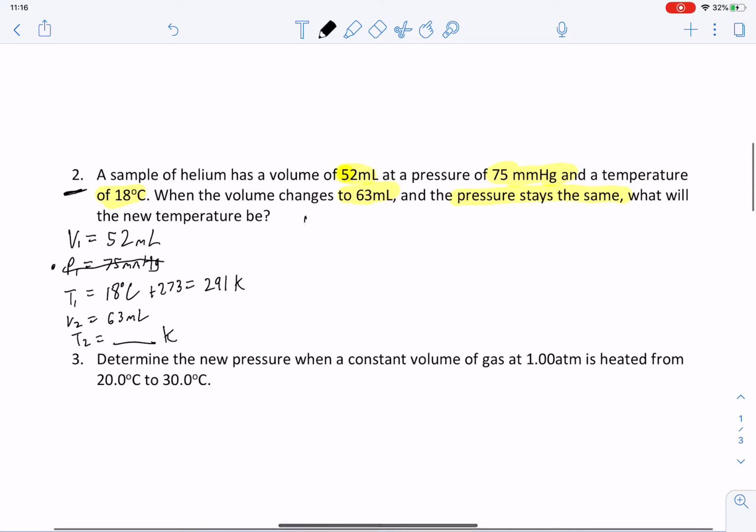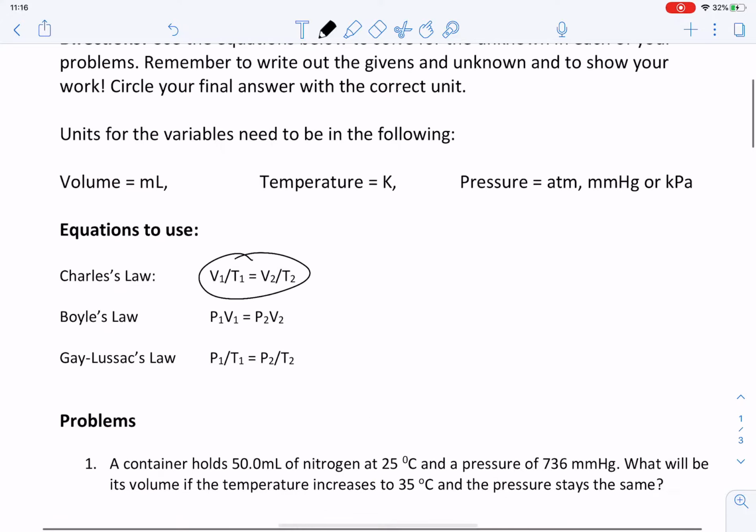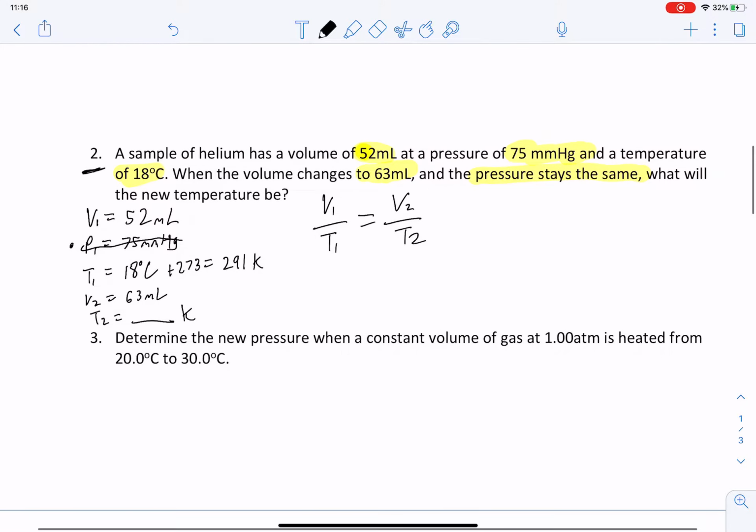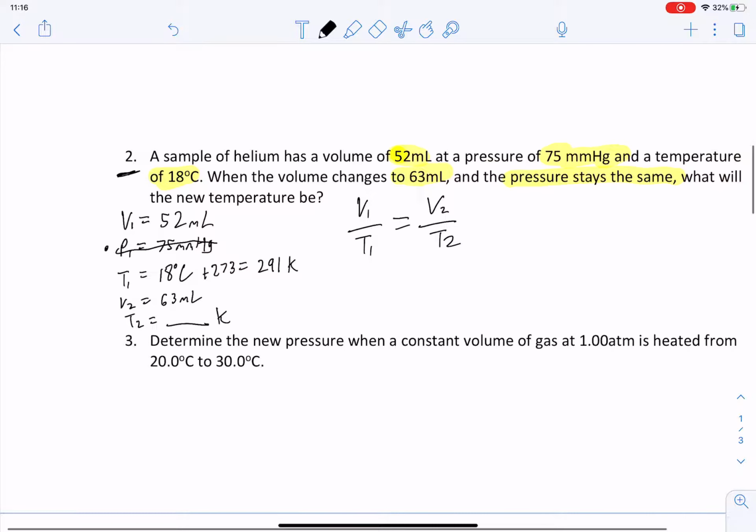I'm going to write that again down here. V1 over T1 equals V2 over T2. Now we have to isolate our unknown. In this case, that's going to be T2.